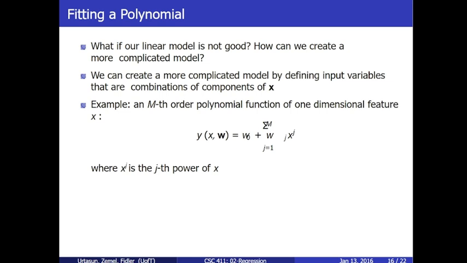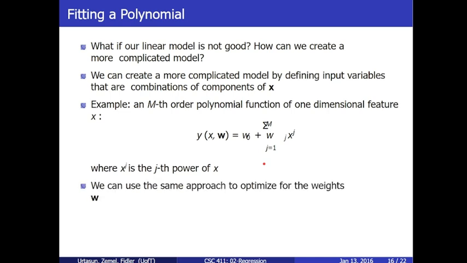So here's our equation below: y of x, w equals w0 plus the summation from j equals 1 all the way to m of wj xj, where xj is the jth power of x. We can use the same approach to optimize for weights w. And how do we do that?